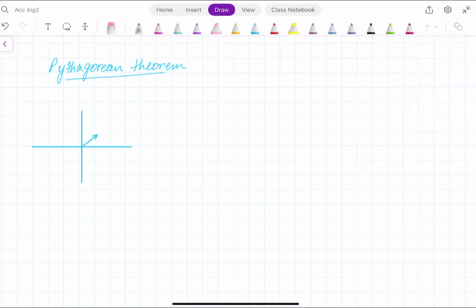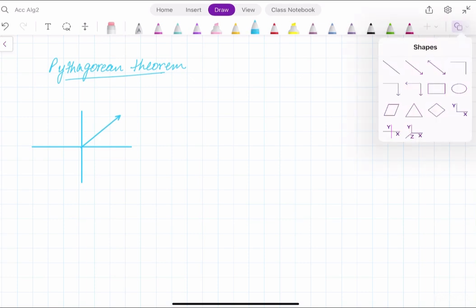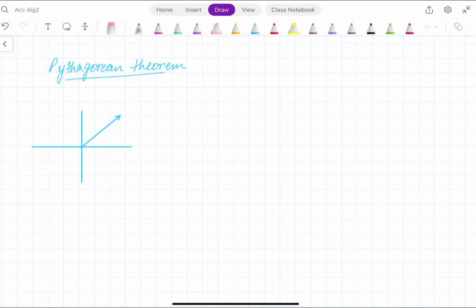So let's create one right triangle on the coordinate plane and let's label it. On the x-axis, we can label it as x, and we can label height as y.